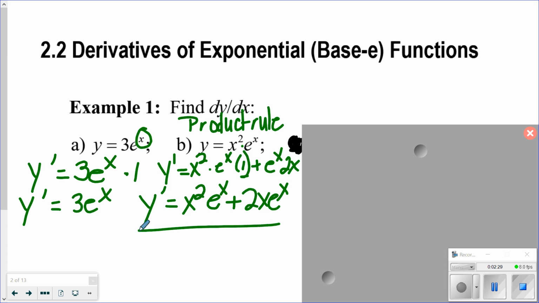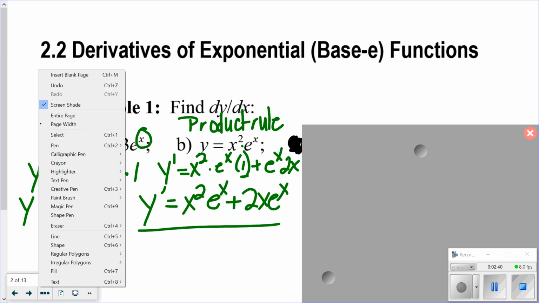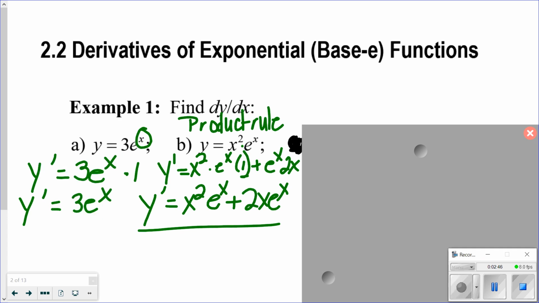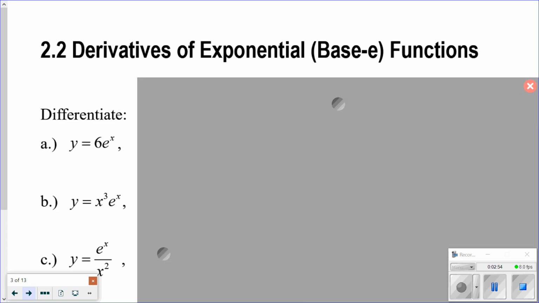On the next page, there are some additional examples for you to do. Try the ones on the next page, and then check your answers with what I have. Okay, so there are the 3 problems.